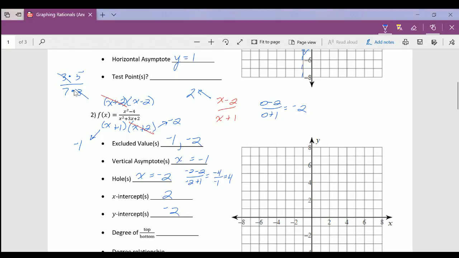So 15 over 21, the fraction I just made up, would reduce to 5 over 7. So same idea there. It's just what it looks like here. Simplifying rational expressions.